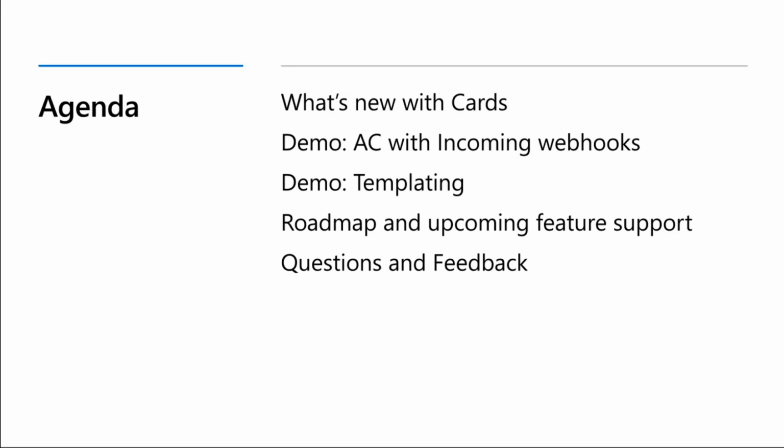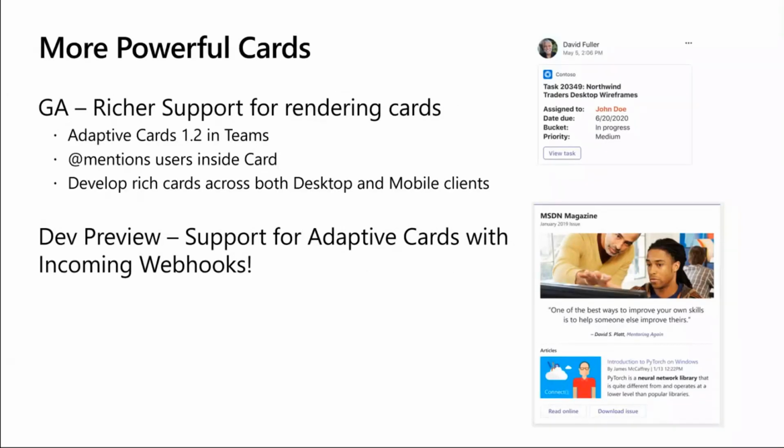So let's get started. For those of you who are aware of adaptive cards, they're an open card exchange format that is very powerful in the sense that you develop once, and you have the same card that is extensible in Microsoft Teams.